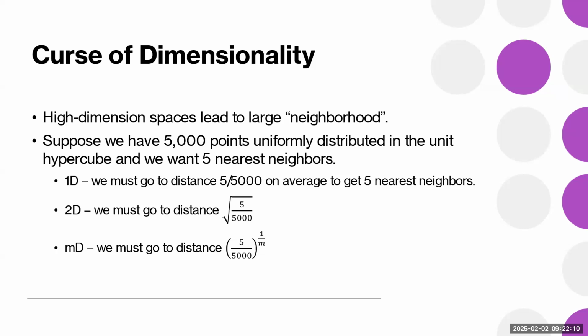And the distance from a point to its nearest neighbor is going to change. In the one-dimensional case, if you have 5,000 points uniformly distributed in the unit hypercube and you want to find the nearest one, you have to go to a distance of 5 over 5,000. But with more dimensions, you have to go to 5 over 5,000 to the m-th root of that number.